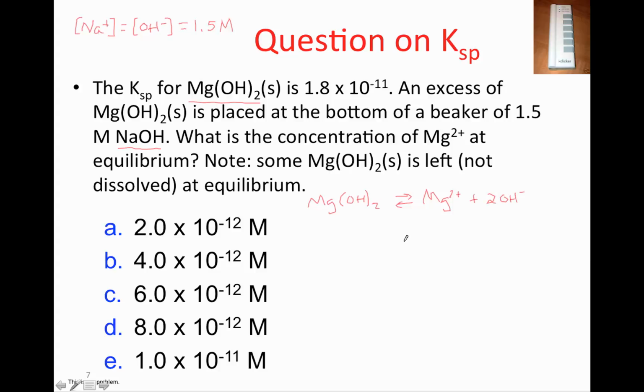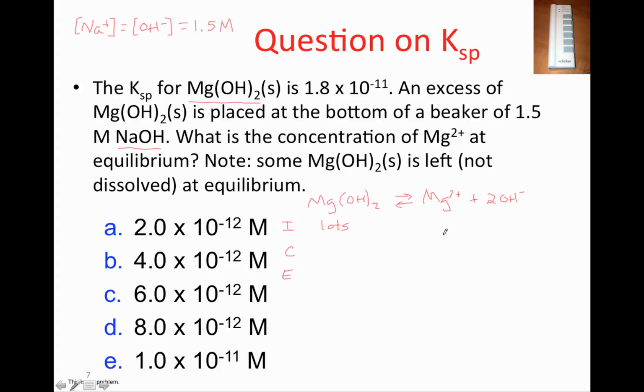And we're told that we have an excess, so we have lots. We can be very vague in designating the amount of magnesium hydroxide that we have. We have an ICE table that we're setting up because we certainly have initial conditions, then we're going to have a change, and we're going to come to equilibrium eventually.